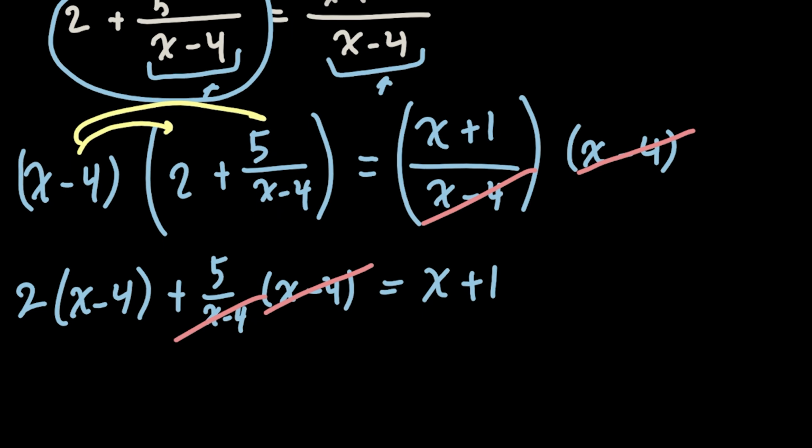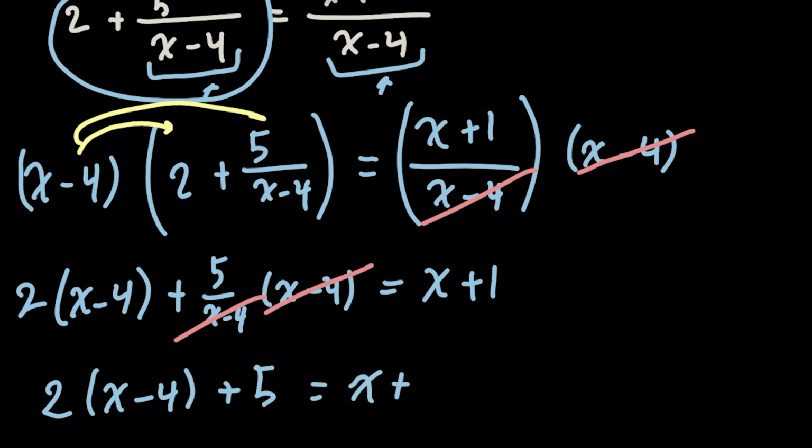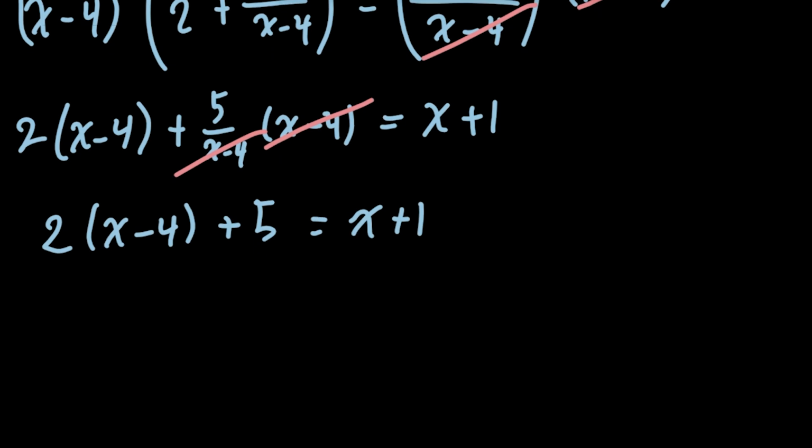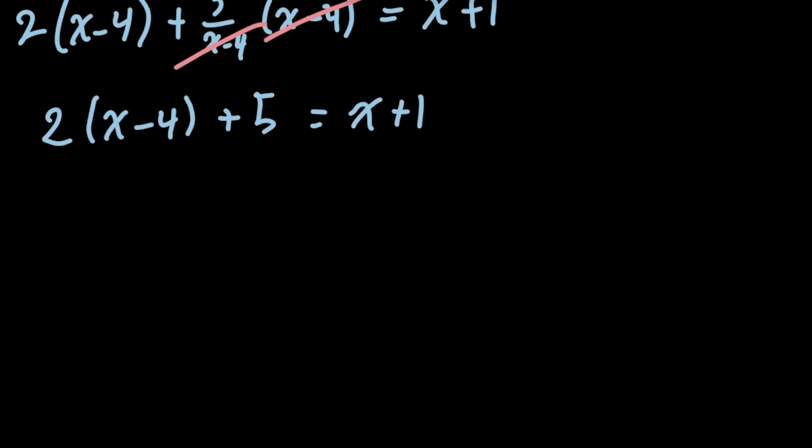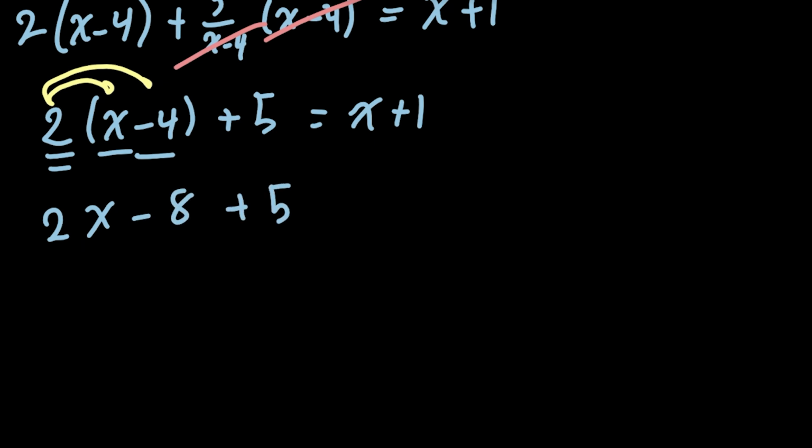So the remaining part would be 2x minus 4 plus 5, that would equal x plus 1. Okay, as you can notice here, this 2 we can just distribute. So we'll have 2 multiplied by x, 2x, 2 multiplied by minus 4 is minus 8, plus 5, that would equal x plus 1.